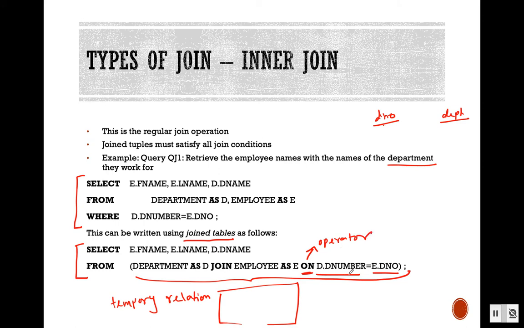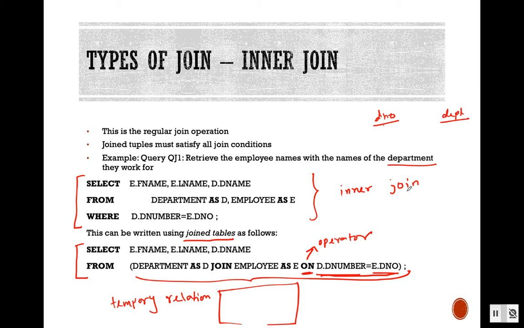This join will be created based on the join condition. After we create a temporary joined relation, we can select a list of attributes from that joined relation. That's how we can specify a joined relation in the from clause, and this is an example of inner join.